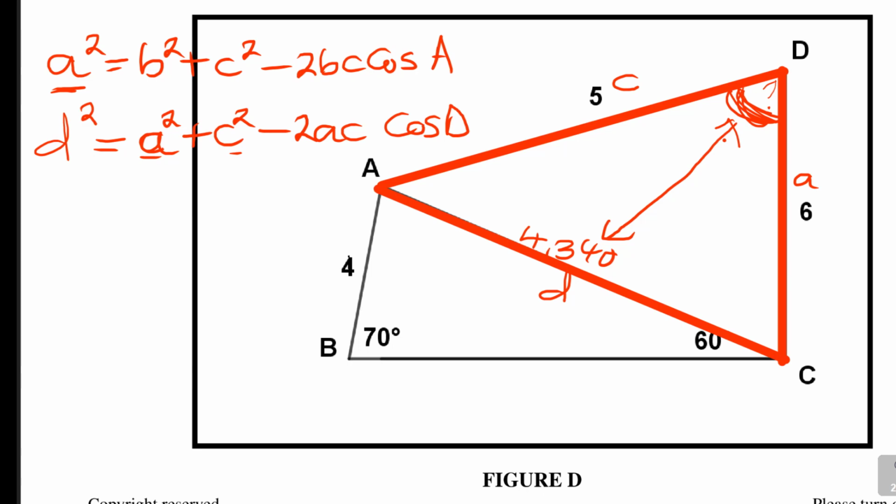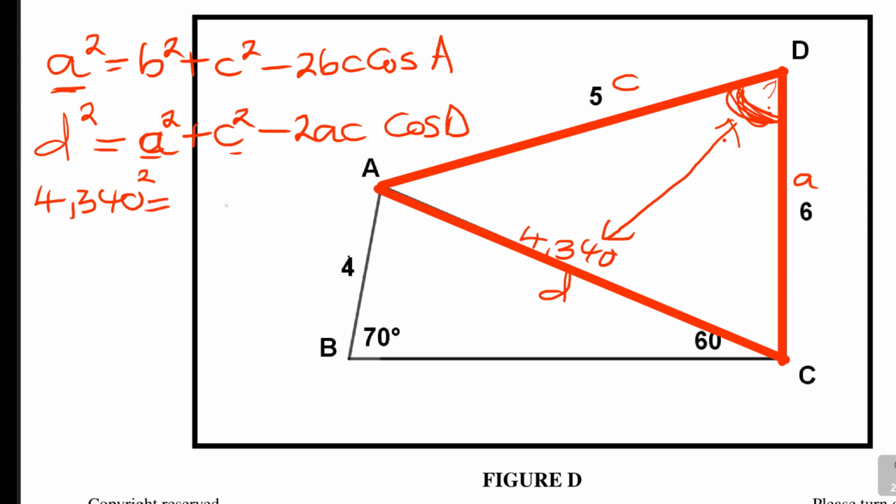Now what you do is algebra again. What is D? Tell me what is D? Yes, 4.340 squared. Don't forget this is squared. Is equal to A squared.